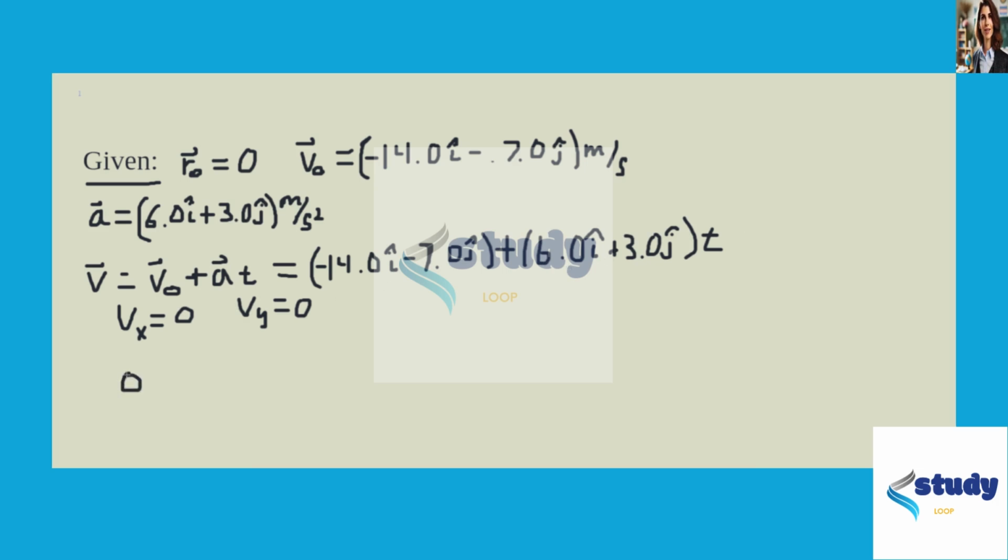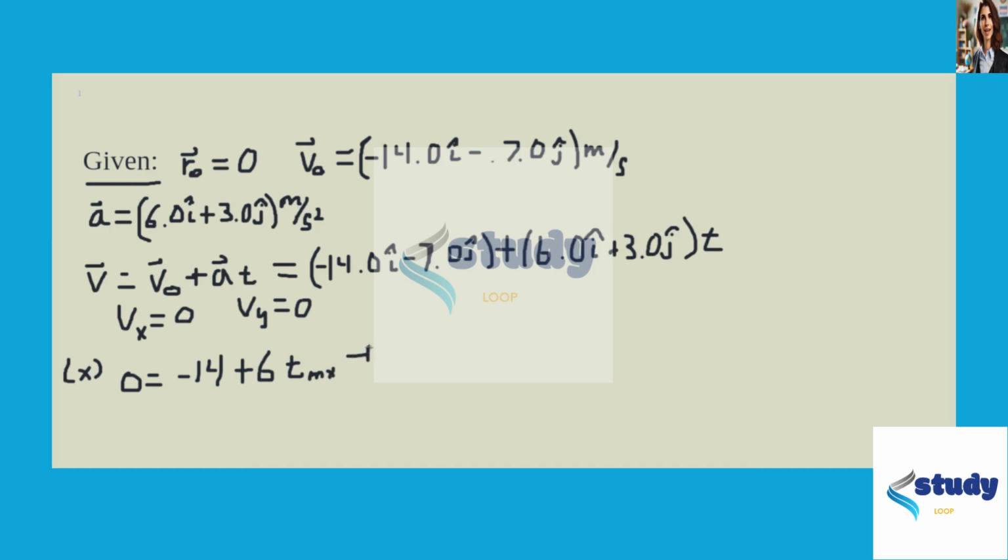So we have 0 is equal to minus 14 plus 6 times the time, and this is the time for the x, so we'll mark this t_x.